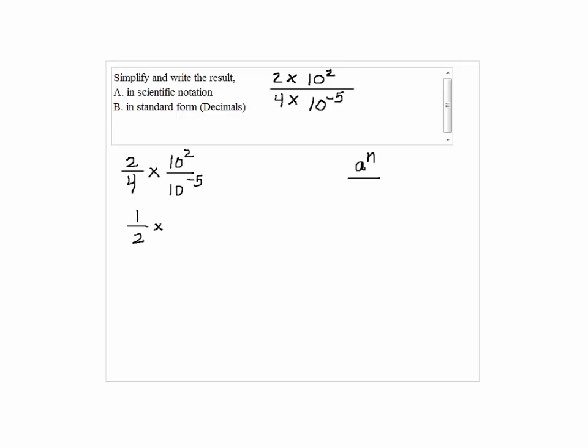Here recall a to the power of n over a to the power of m is equal to a to the power of n minus m. So we have to subtract exponents.